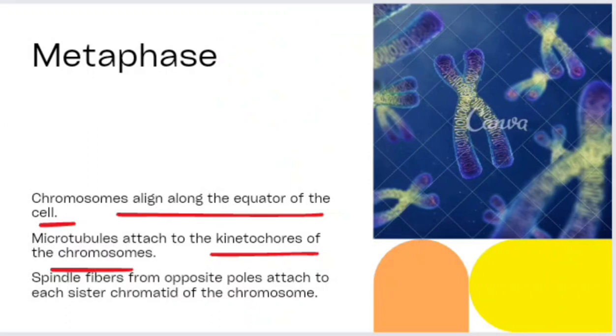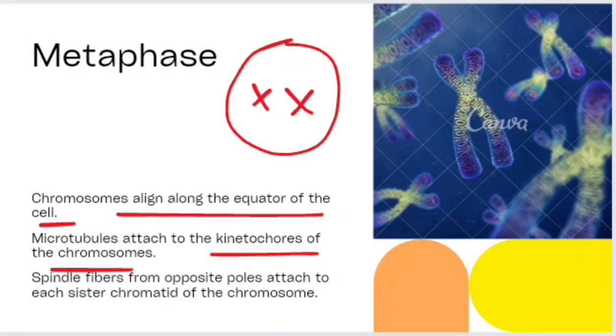In the metaphase, this is a cell, and the chromosomes have become condensed and they align at the equator. This is the central region, right? At this equator they align in such a way that they come in a line, and then microtubules attach to the kinetochore of the chromosomes.